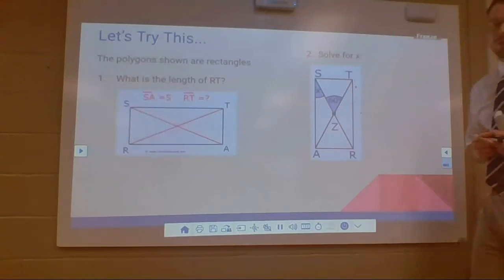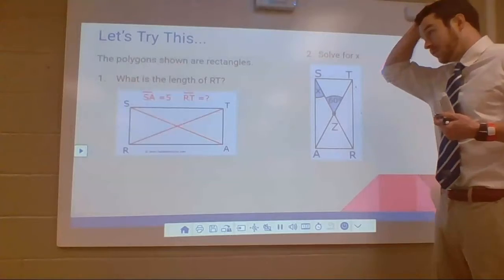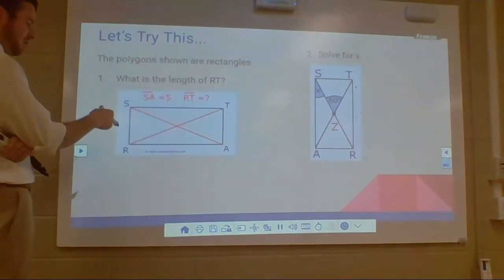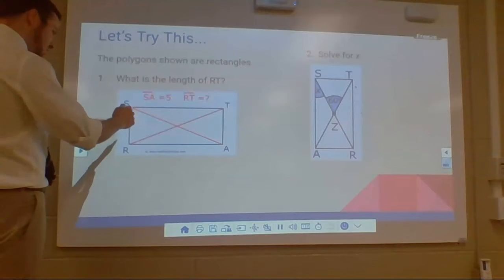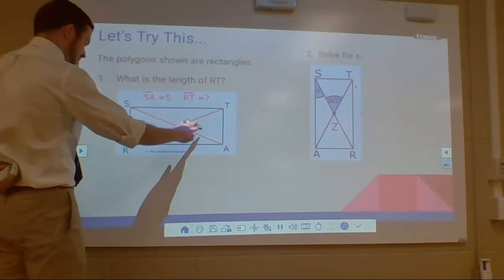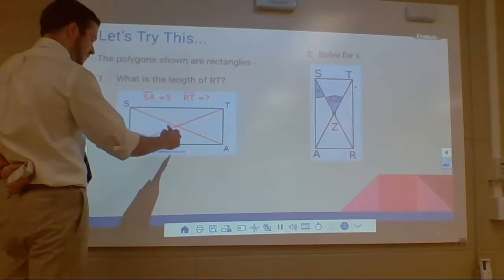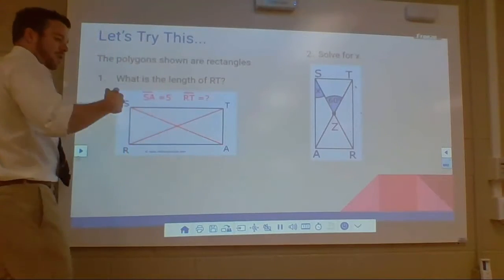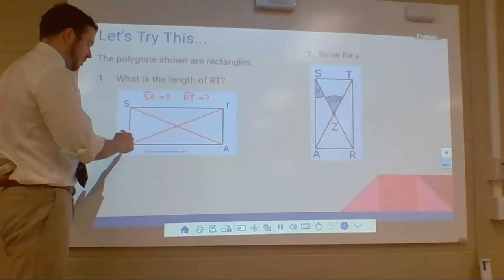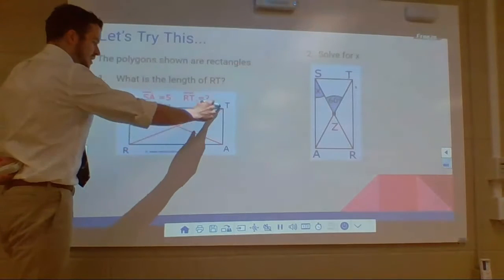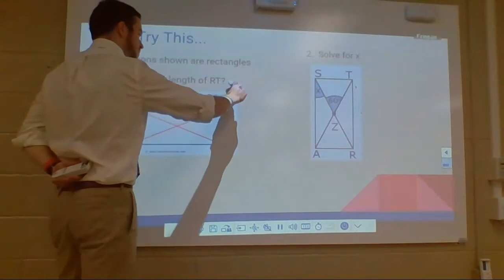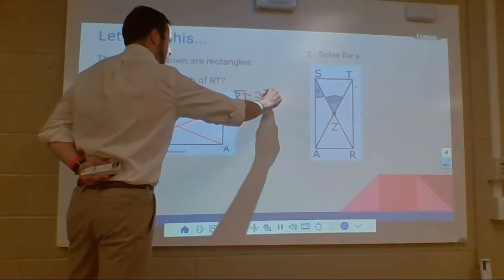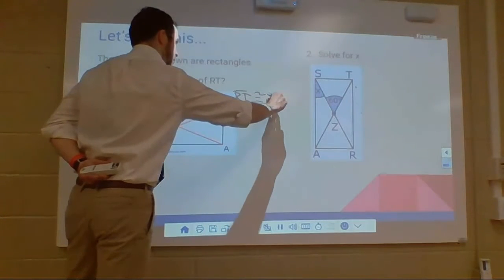So let's try a couple problems applying those properties of rectangles. Looking at number one, what is the length of RT? Well, what we're given is that SA is 5 units. So that's this whole diagonal. The property we just learned is that the diagonals of a rectangle are congruent. So RT must be congruent to SA.